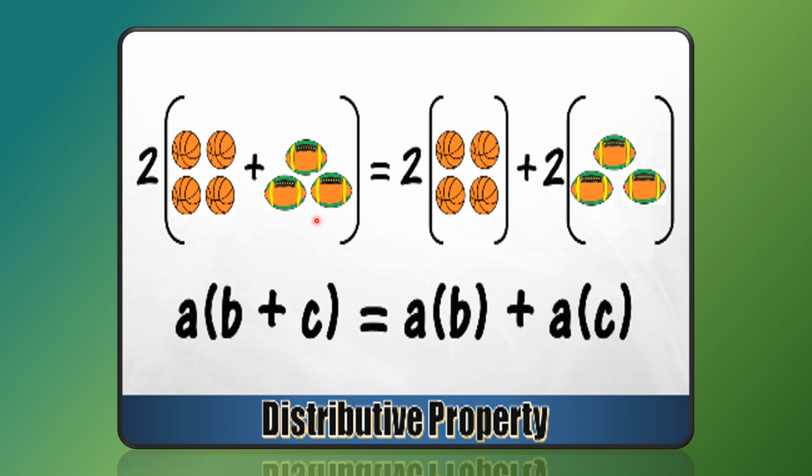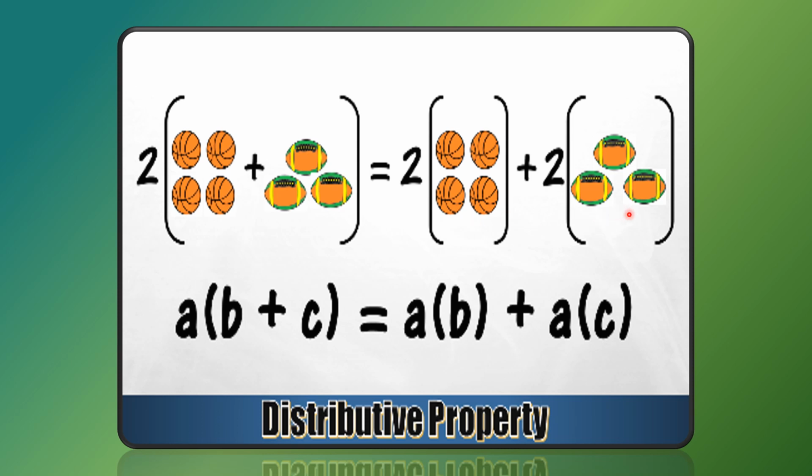So, ang magiging sagot ay 2 times the 4 basketballs plus 2 times the 3 footballs. Yung plus, ito yon yung nasa loob ng parentheses. So, pinagbukod lang natin o dinistribute natin ang balls, ang 4 basketballs at ang 3 footballs sa 2. So, nadoble yung 2 dito. Isa sa basketballs at isa naman sa footballs.